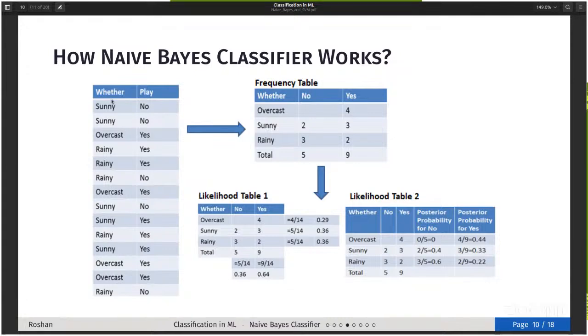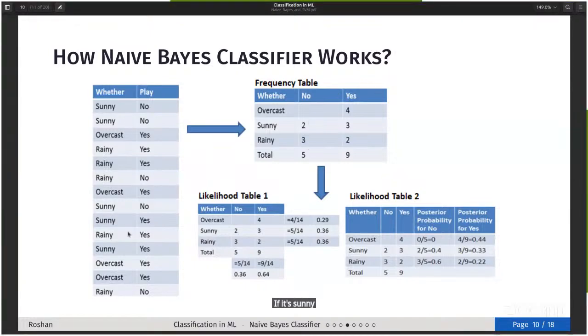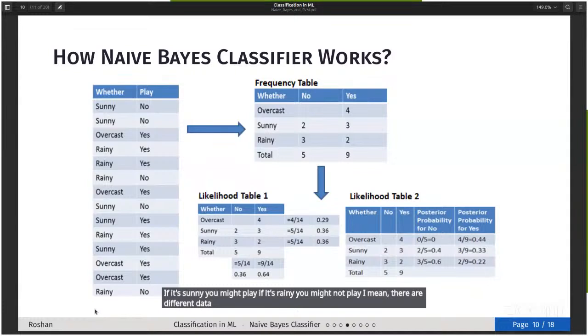So given the weather, you're going to predict whether you're going to play or not. This is a very simple example. If it's sunny, you might play. If it's rainy, you might not play. There are different data points available with you.